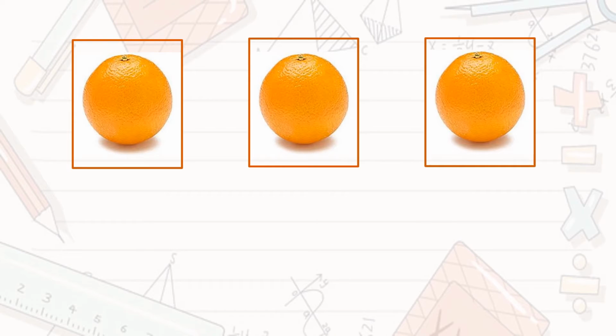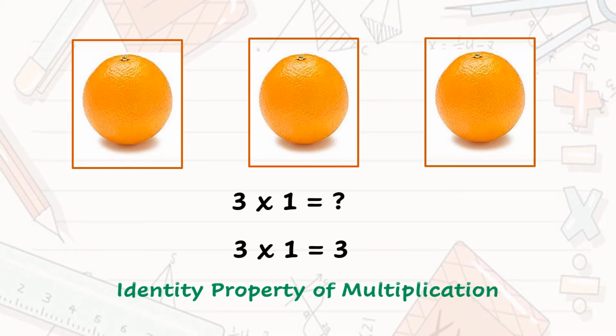Take a look at these pictures. We have 3 sets of 1 apple. What multiplication expression can we make out of these pictures? Yes, it's 3 times 1. And what is the answer? Yes, it's 3. It's the identity property of multiplication.